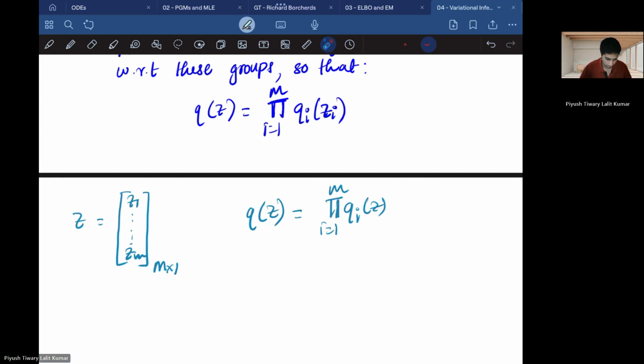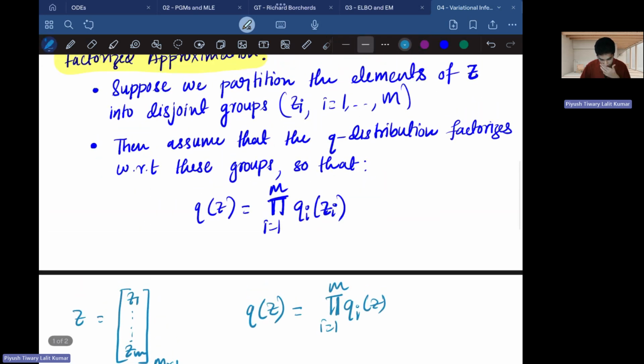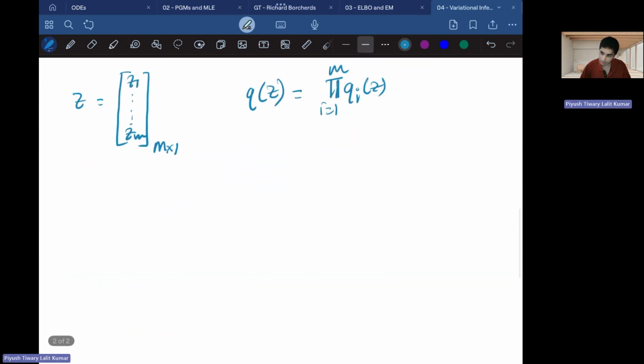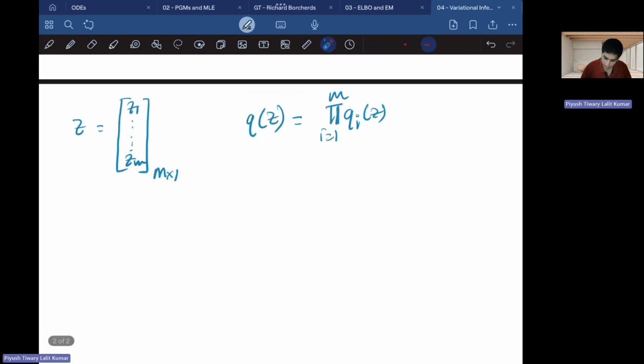So what are the implications of such an approximation? Another thing to notice here is that we are not imposing any distributional constraint on these individual distributions. We are not saying what these individual distributions Q_i should be. Q_i could be anything.